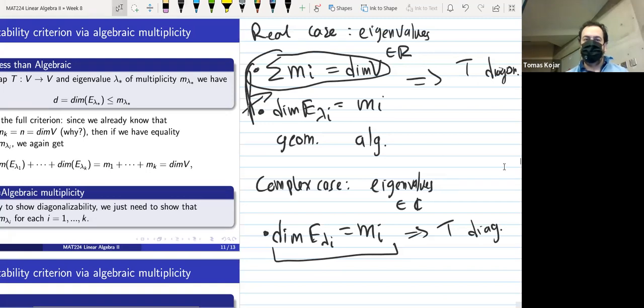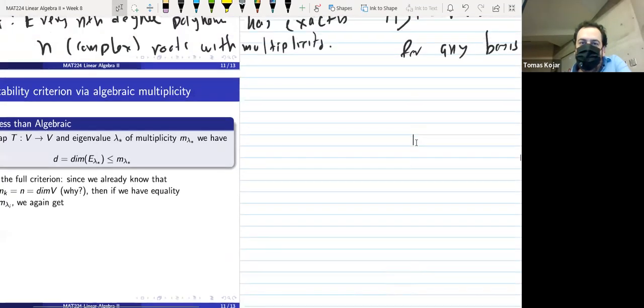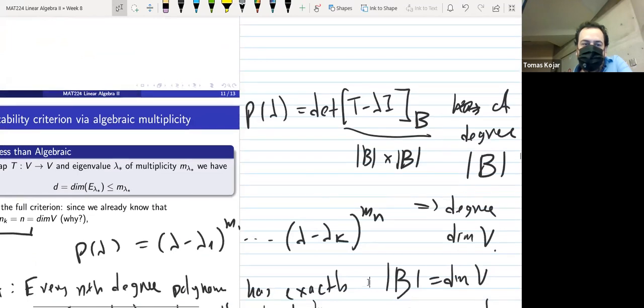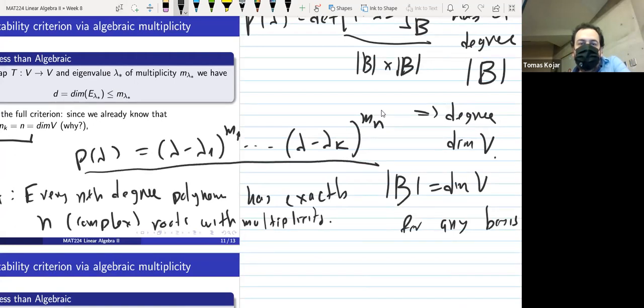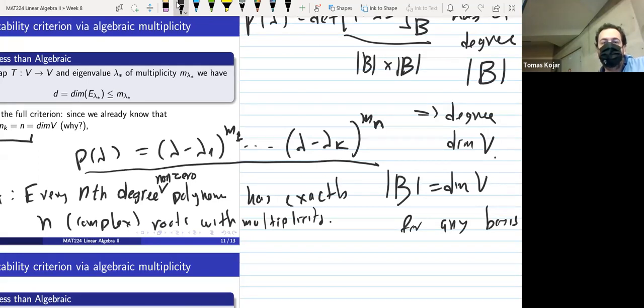Yesterday we talked about this. This is the characteristic polynomial, and these are the multiplicities. The fundamental theorem of algebra says that if you have an nth degree non-zero polynomial, otherwise it's not nth degree anymore, it has exactly n complex roots.